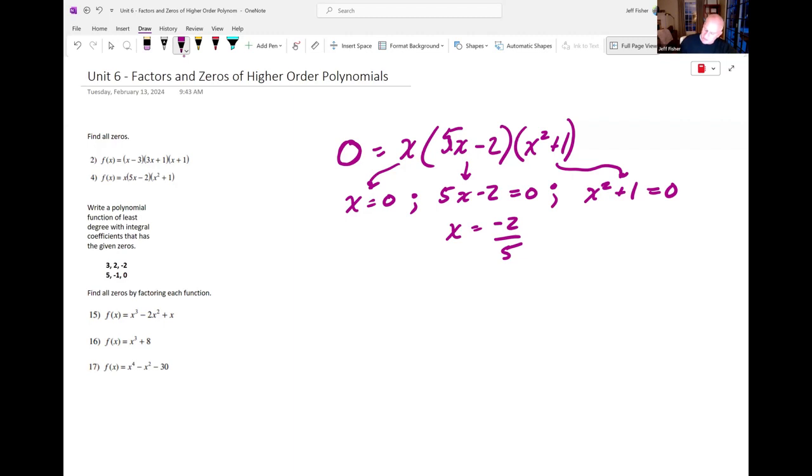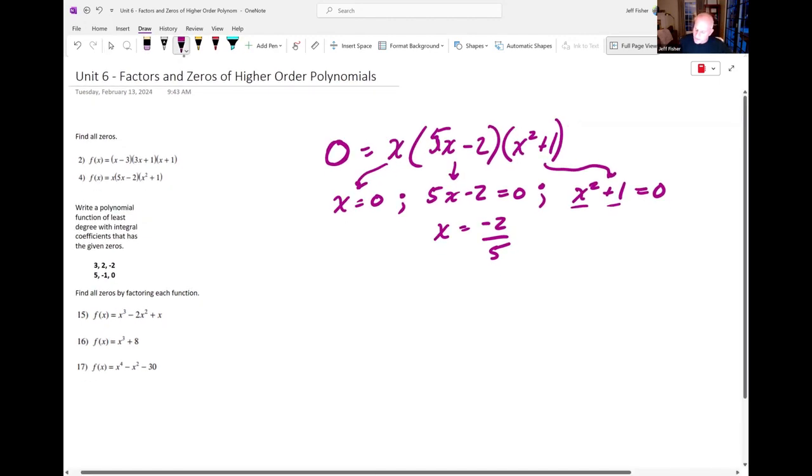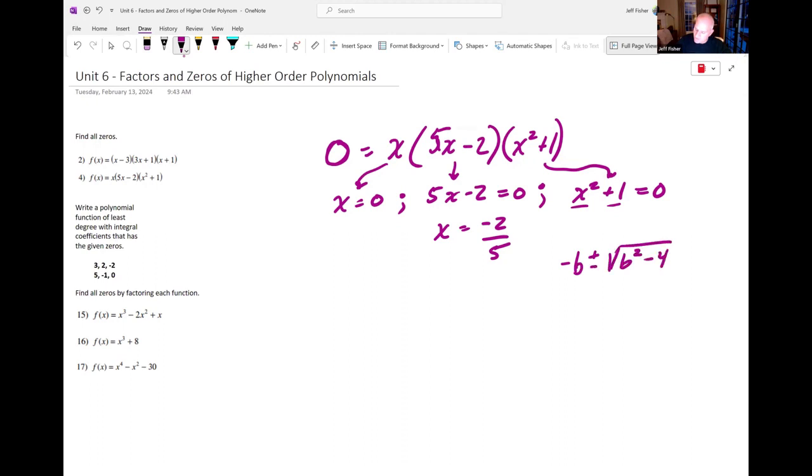And this one's a little trickier. What's x squared plus 1 equals 0? Well, that's x squared equals negative 1. Well, now we're into imaginary numbers, right? Let's take x squared plus 1 and put it into the quadratic formula: negative b plus or minus the square root of b squared minus 4ac, all over 2a.